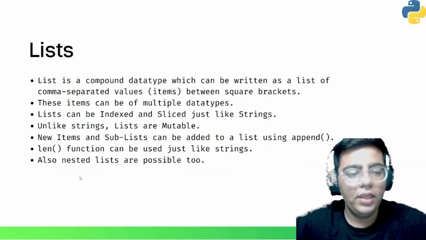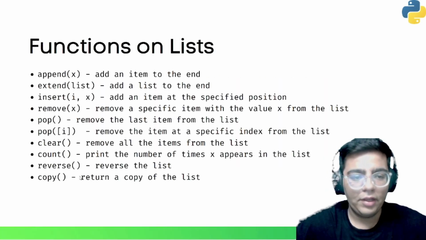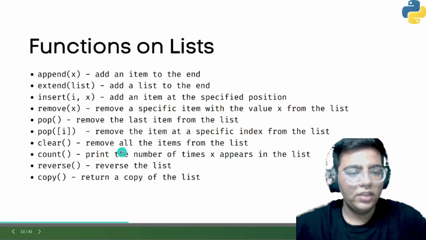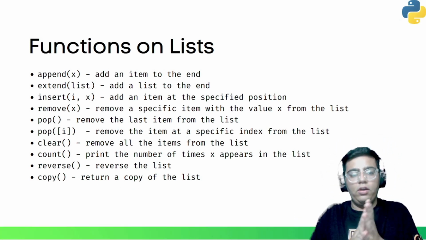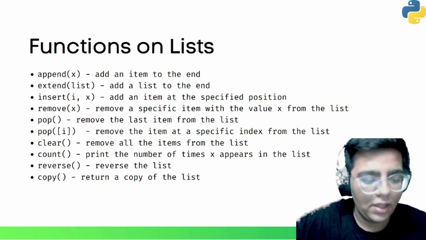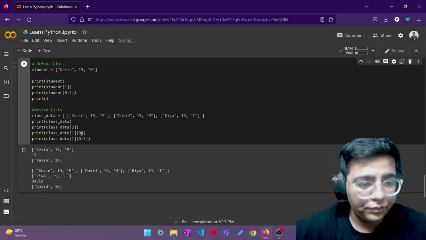Now we are going to be looking at the functions that are applicable on lists. These are used when you are looking at data structures. So we are going to have a video on it further as well, but just so that everything is covered in this one video, let's do that.